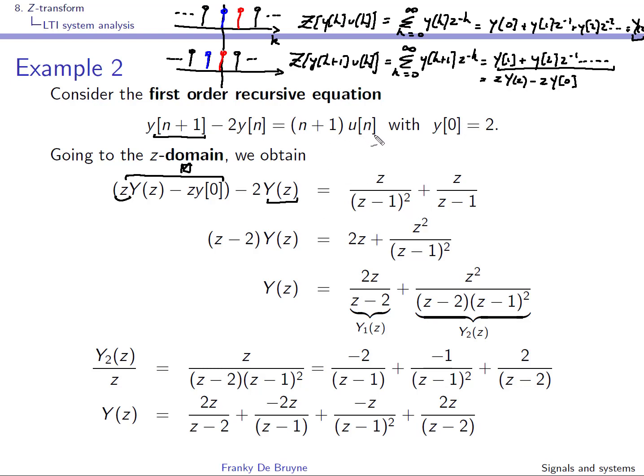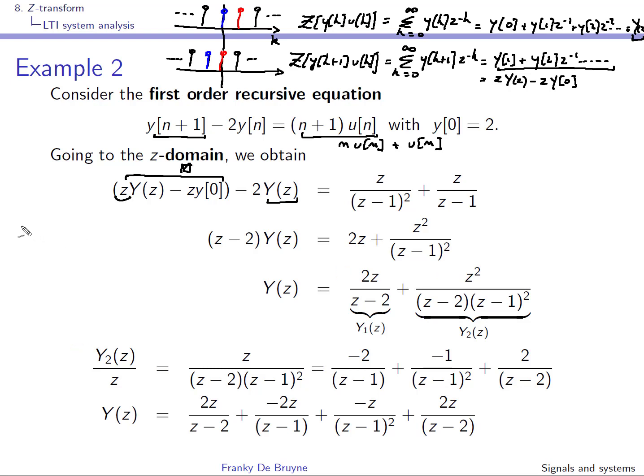So we will have to work with the z transform of this signal. This looks a bit weird, but this is n u[n] plus u[n]. Okay, so we need to take this z transform and this z transform. This is something that we had seen when we had considered the derivative of a z transform.